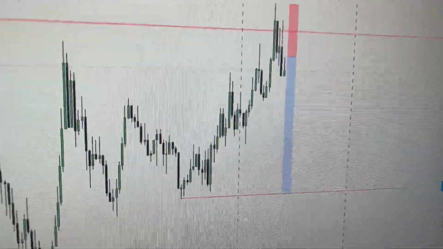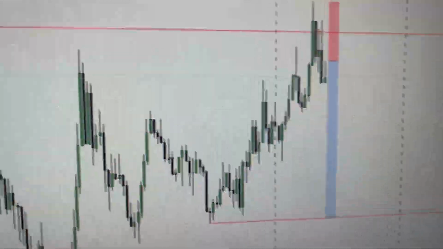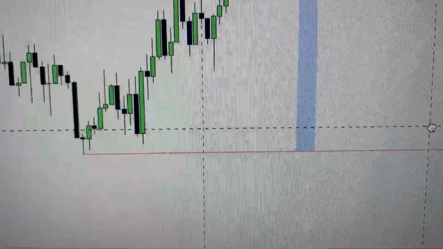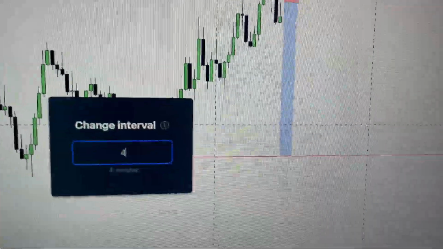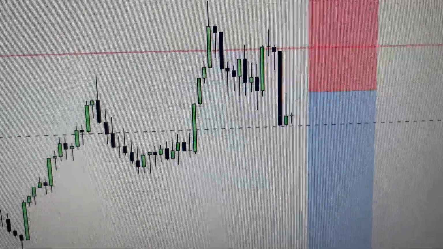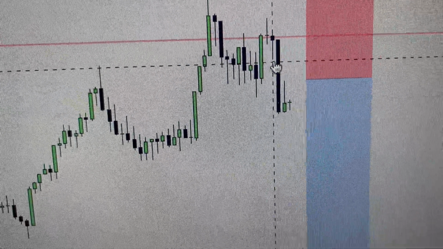Alright, so I found the trade. Obviously it hasn't hit the entry just yet. Let me just zoom in here. If I show you, I'm actually looking at a 4-minute imbalance. We created this imbalance in here.